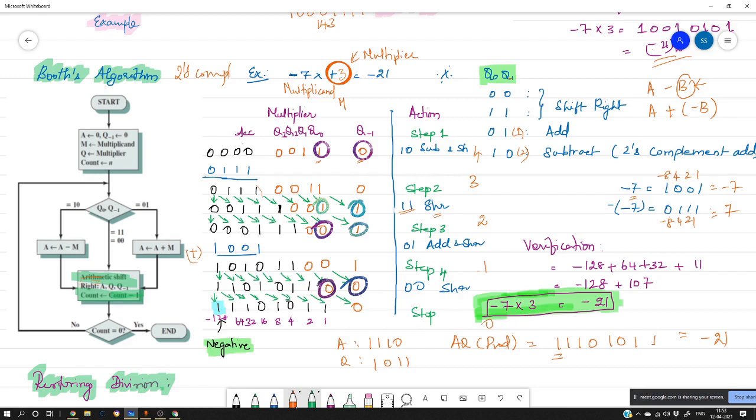At 64 there is 1 and at 32 there is 1, so taking 64 and 32. This is 0, so I have left it. Here you have 8 plus 2 plus 1, which is 11. The 4 has been left. Summing all these positive values, I get 107, and minus 128 plus 107 gives us minus 21.